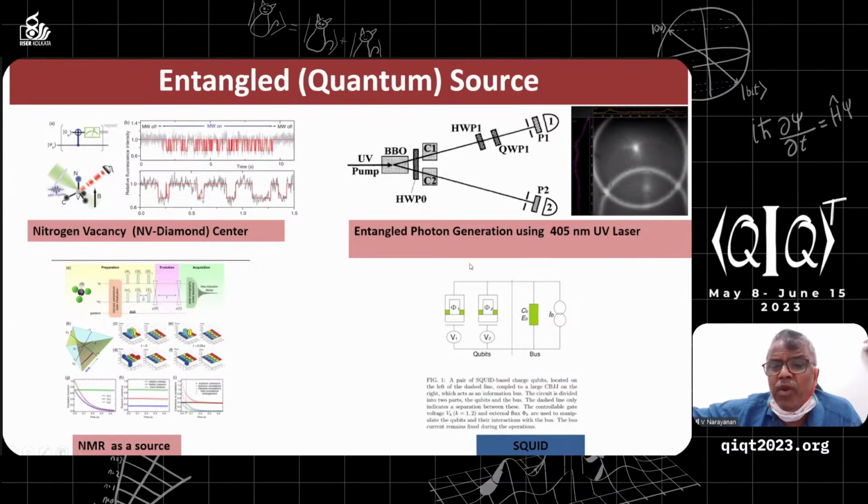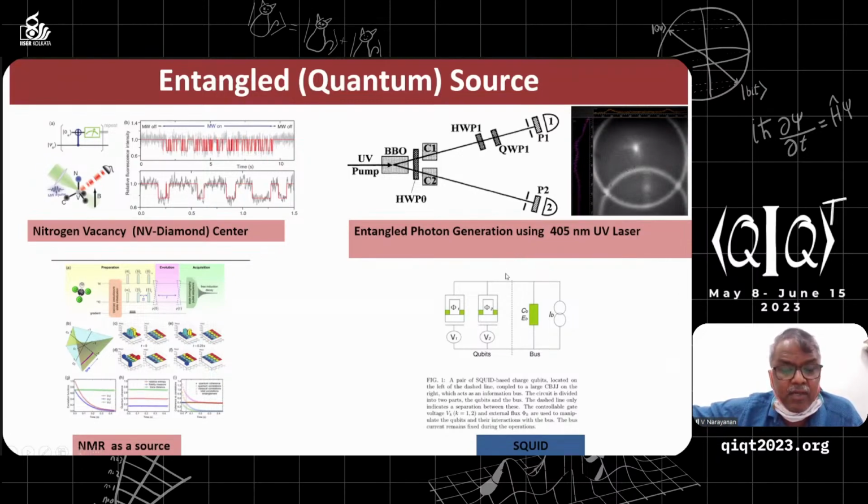Here, one of the pictures which is well known, depicted by the QIQT group and most of us users, is a CW laser. One uses a 405 nm diode laser, and using appropriate conditions, one is able to generate entangled photons. But here at IIT Jodhpur, of course, we are also producing entangled photons using a UV source of a pulsed laser.